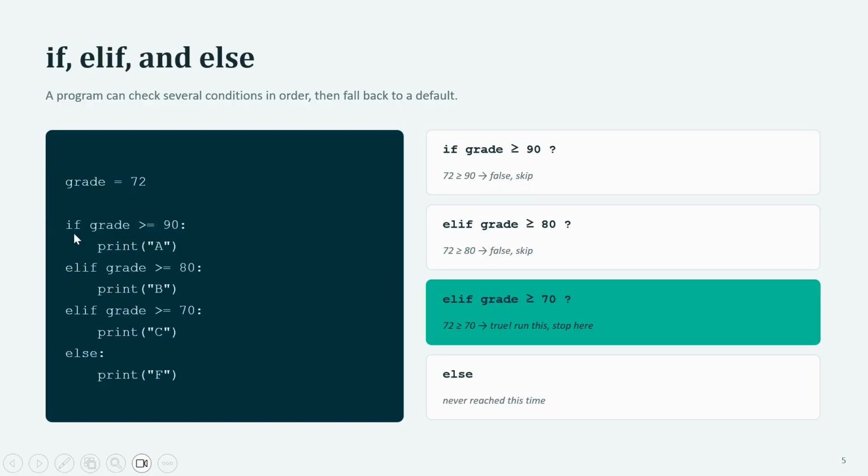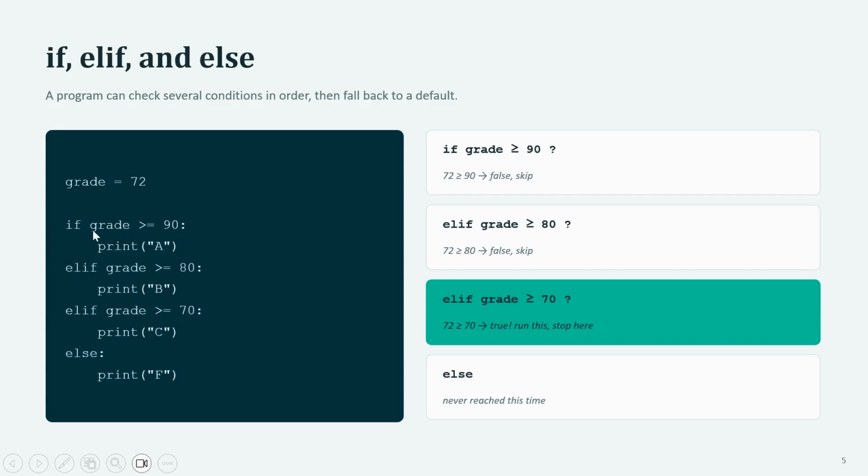Let's say if grade is greater than 90, no. If grade is greater than 80, no. If grade is greater than 70, yes, then it will print C, and the program ends there, because these lines were just to match only one condition, so that it can move on.